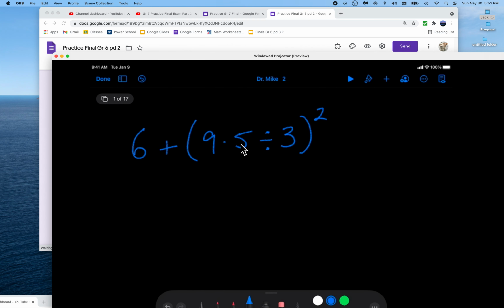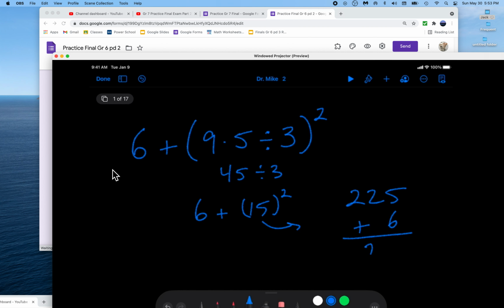Whenever you have multiplication and division, you go in order. They have equal priority. Okay, so we have 9 times 5 is 45. Divided by 3 is 15. So we have 6 plus 15 squared. I happen to know that 15 squared is 225. We add 6. Final 231.